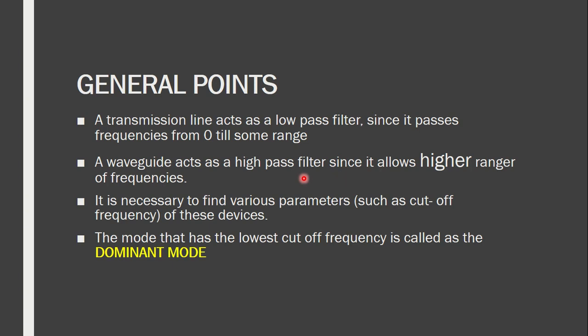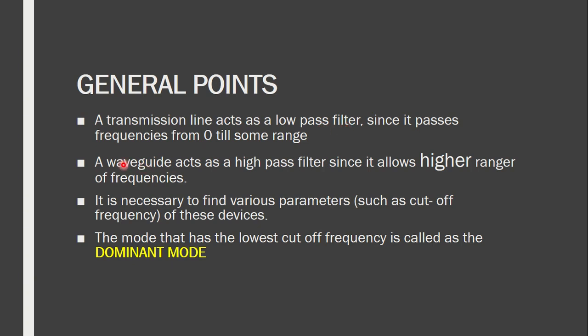lines and waveguides. So we know that a transmission line is capable of transmitting signals from the lowest frequency till a particular frequency. So we can call it from 0 till some range. Because it passes frequencies from 0 till a particular range, a transmission line is said to act as a low pass filter.